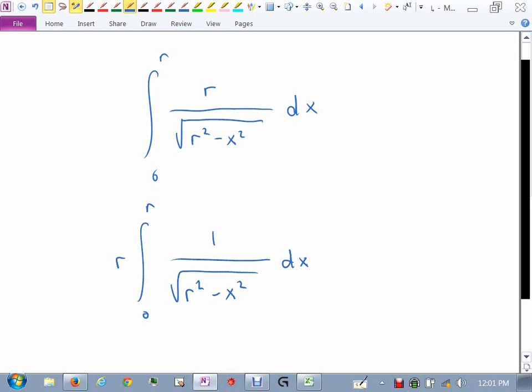Pi r over 4. Right? What's the circumference of an entire circle? 2 pi r, and this is a fourth of it. So you would get pi r over 2, is what I meant to say. So even that would have been doable, just a lot more calculus would have been involved here, right?